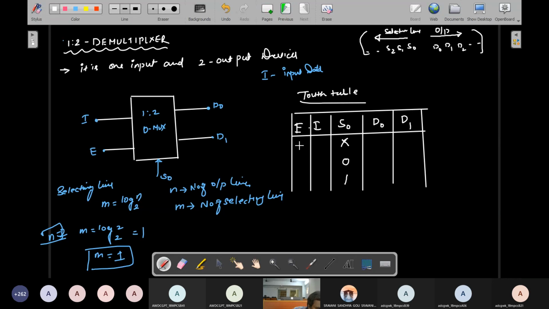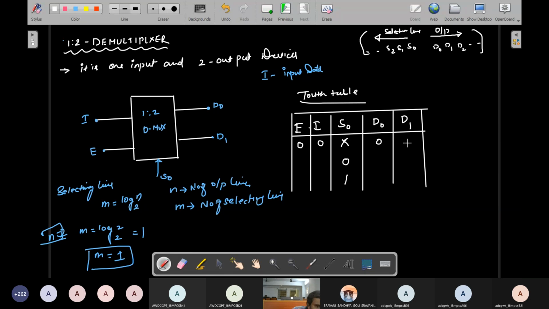If enable is 0, for suppose you are not given any input, this demux is completely in the off state. That means the selecting line is a don't care, and similarly your input is also 0, because if it is switched off, there is no use of input data.